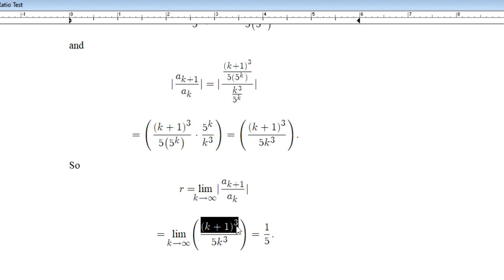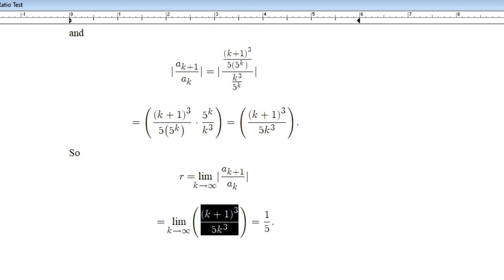The polynomial in the numerator is going to have a leading coefficient of 1. As for the polynomial found in the denominator, 5 times k cubed, it's going to have a leading coefficient of 5. So the ratio of 1 to 5 is simply 1/5. The value of r here is really just the value of 1/5 as a limit, relying on some rather fundamental techniques in our evaluation.